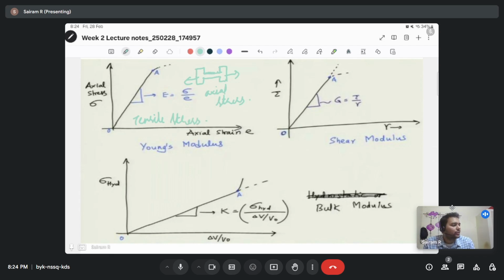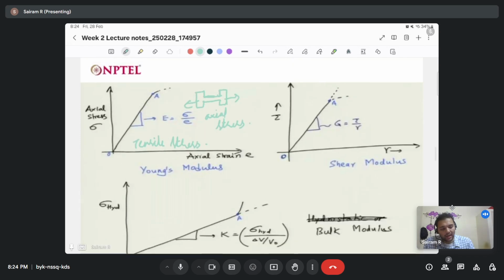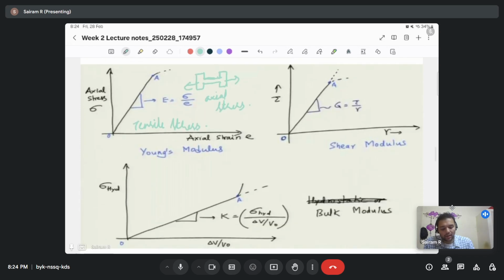Shear modulus: how do we apply shear stresses? You have something called flexural and torsional loading as well. So using tensile stress, flexural stress, and torsional loading, we can measure the moduli. Shear is basically when one surface rubs against another.